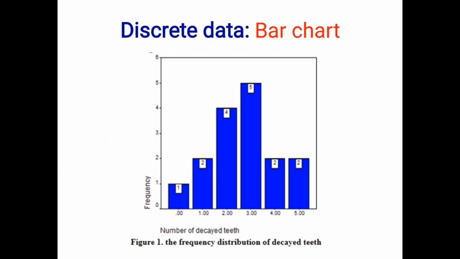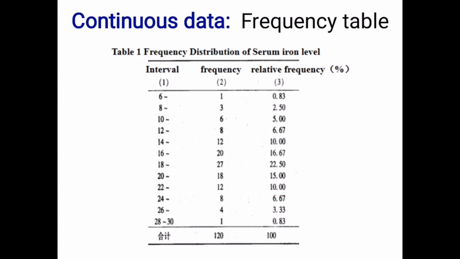But for numerical continuous data, how can we construct the frequency table and the frequency graph? Numerical continuous data can take any value. It is allowed to take a value with decimals. The value of each object may be different from each other.